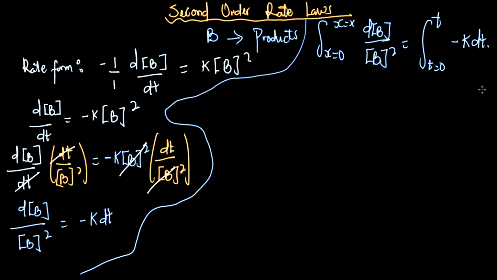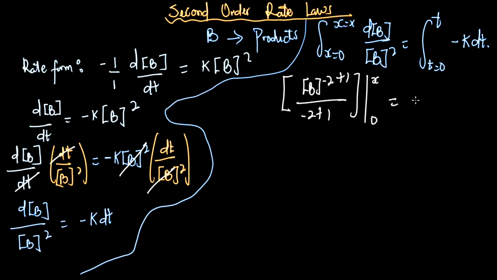So when we integrate, we get [B] to the power of minus 2 plus 1 over minus 2 plus 1, evaluated between [B]ₓ and [B]₀, equals minus kt, evaluated from 0 to t.